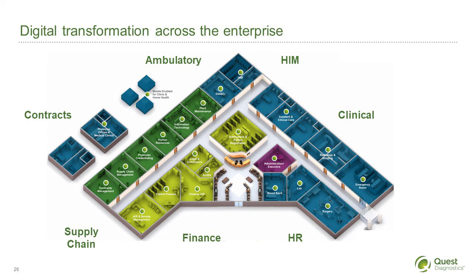So let's think about that full organization. As we look at the digital transformation across the enterprise, this is a high-level view of a typical health system. Your enterprise content management is a big investment as part of that system and should be used across the organization to its fullest capacity.